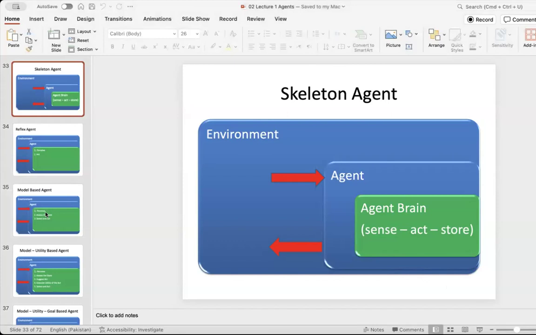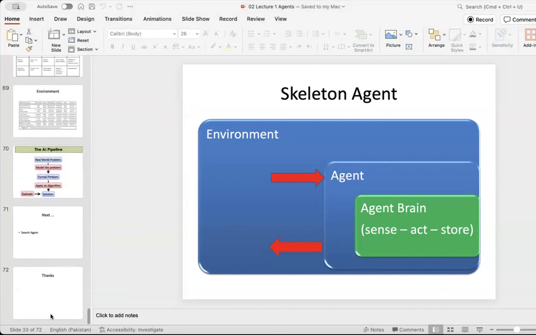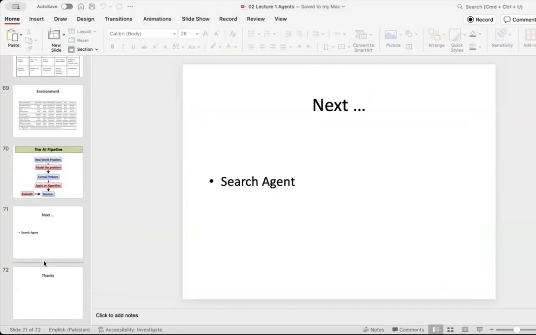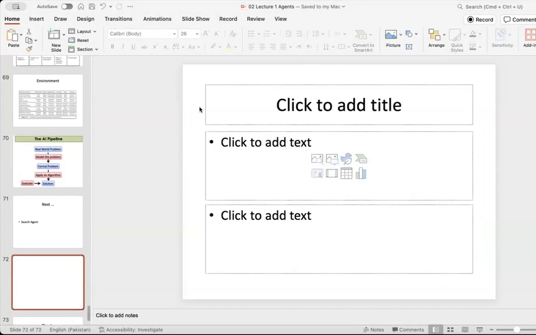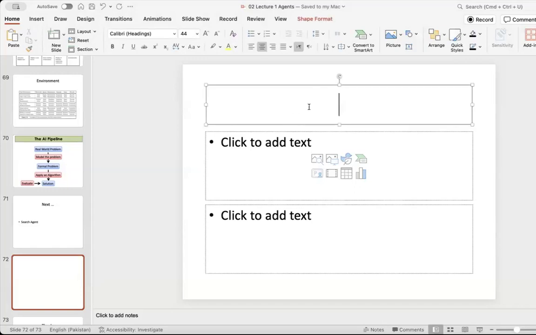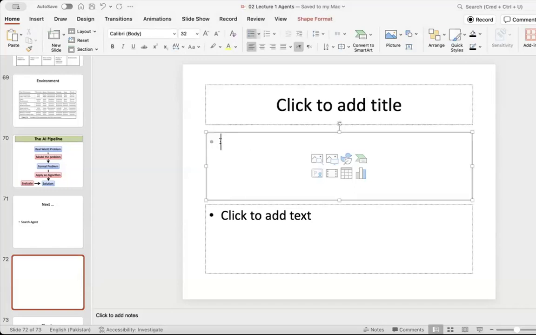Let me write it here so that you can understand. The first thing that you need to look at is the sensing part.